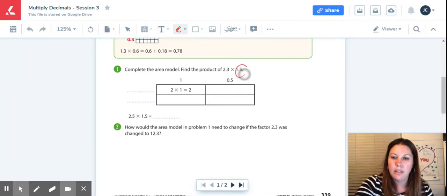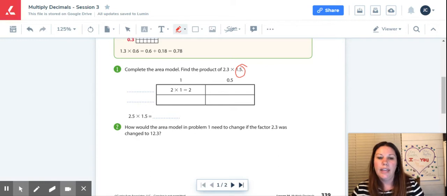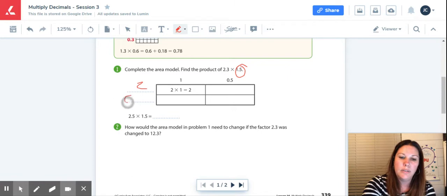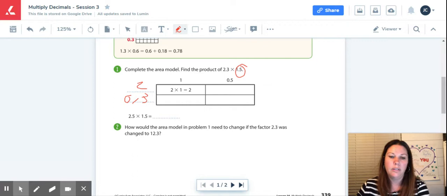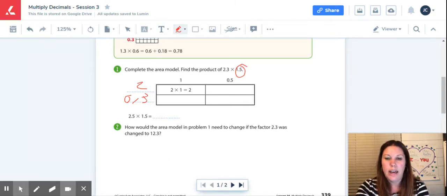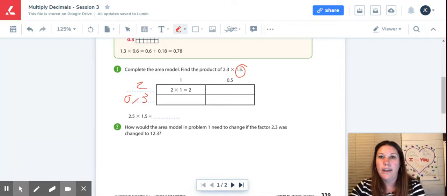So let me circle that for you. And then we're going to write on the 2 blanks what 2.3 is. So that would be a 2, and then 3/10, so 0.3. So that slash is actually a decimal point. Okay, and now we're going to go ahead and multiply. So 2 times 1 is 2. We already did that. So 2 times 5/10.